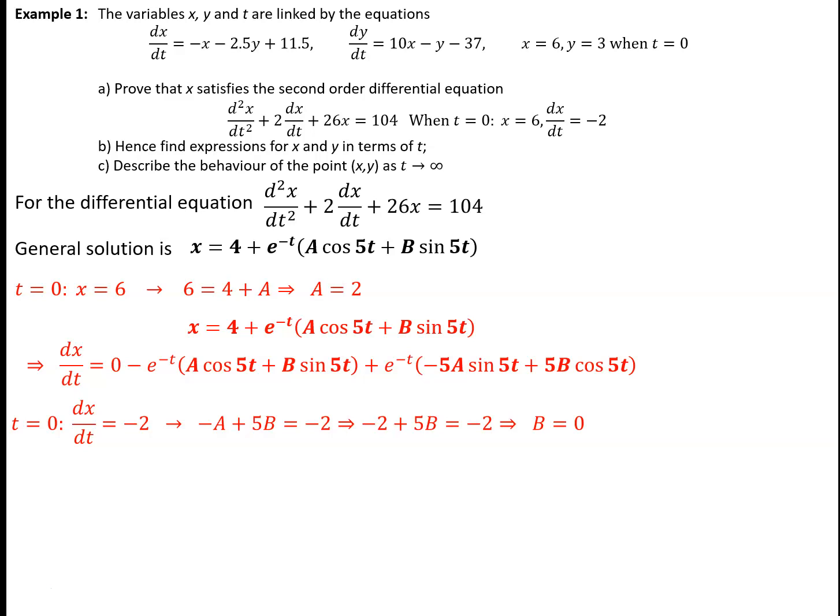But we already know that a is 2, so minus 2 plus 5b equals minus 2, so b is 0. So I've now got my required solution, which is x equals 4 plus 2e to the minus t cos 5t.